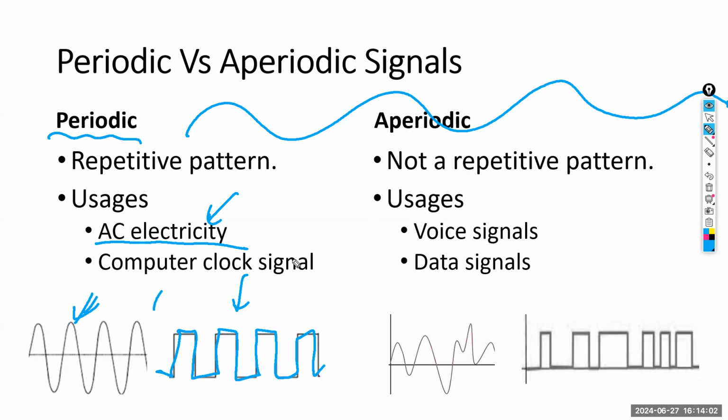But in reality, more than 99.9999 percent of the time in electronics, not in electricity, we are sending aperiodic signals, even within the computer. It's a non-repetitive pattern.